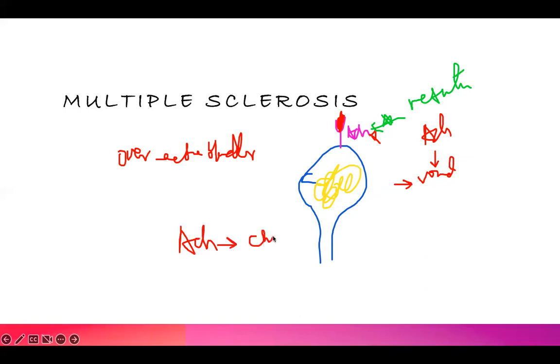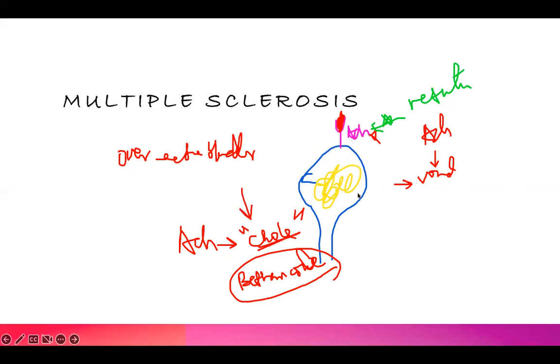They have the last name Chole, C-H-O-L-E. An example is bethanechol. So if you see a medication with the last name chole, it is going to cause the bladder to contract.